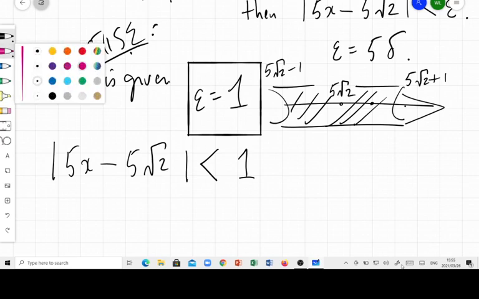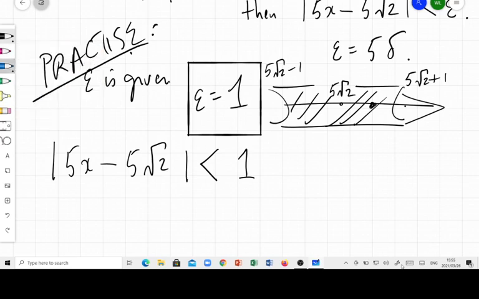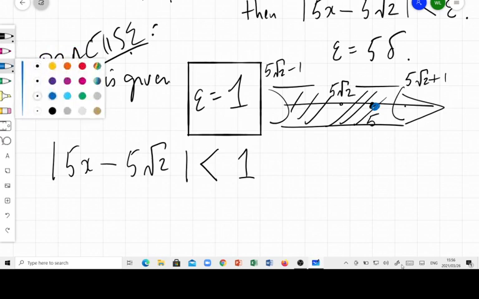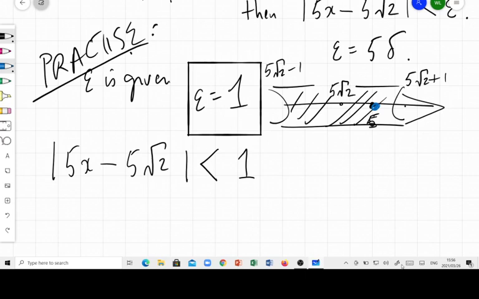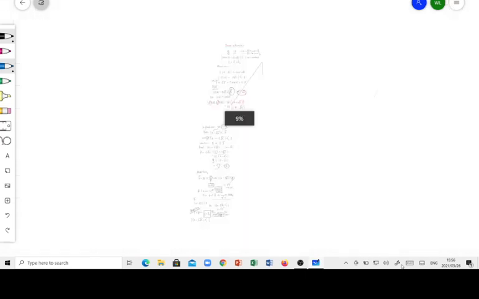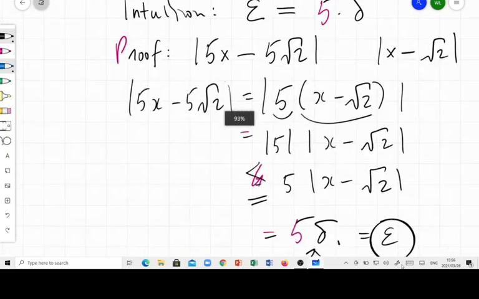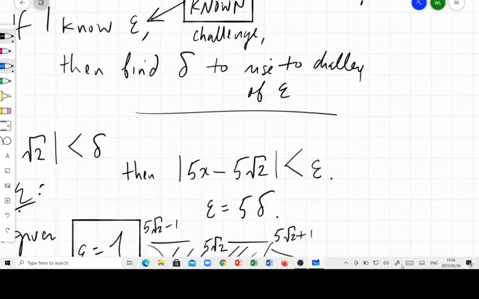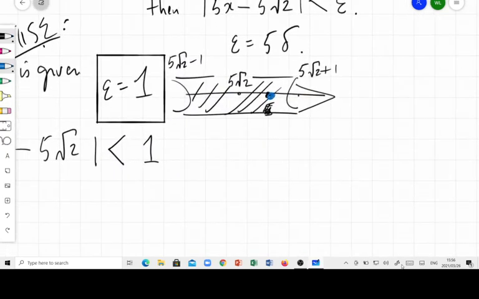Let's just draw it in red so that it looks a bit different. Okay, my pen colors are kicking in, but you know what I'm saying. So what we have here is what is called 5x.